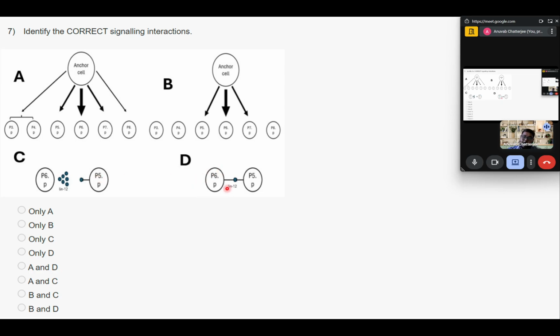And in P6.p, it is essentially not releasing ligands, but this is juxtacrine signaling, in which P6.p has surface associated signaling molecules which bind to the receptors on P5.p. So a lot of options, you have to choose which one is correct. This is only one option correct kind of a question. So go ahead and choose what you think is the correct option.